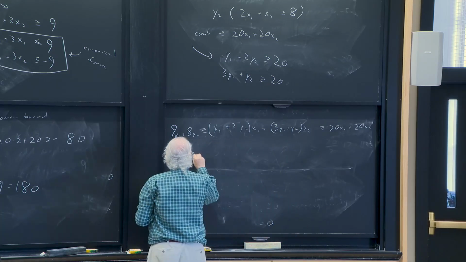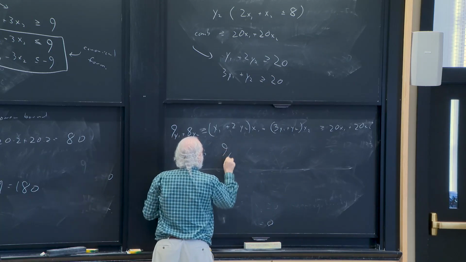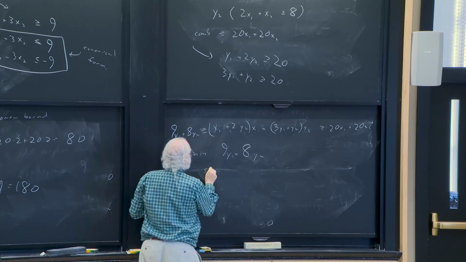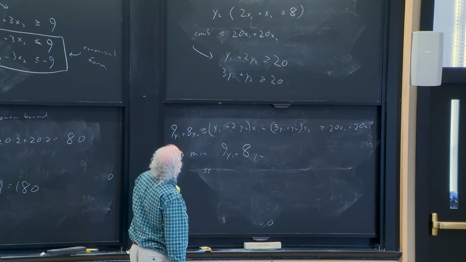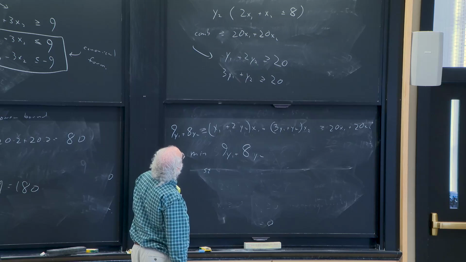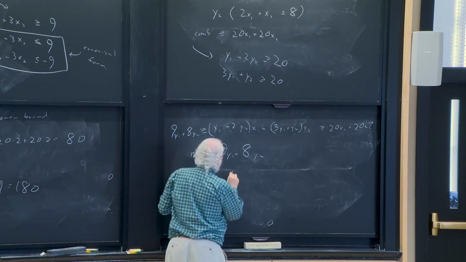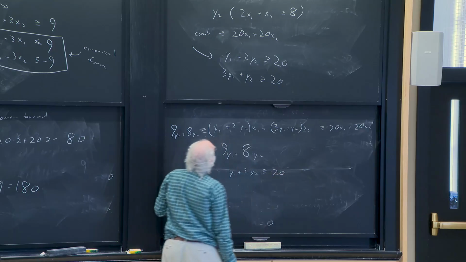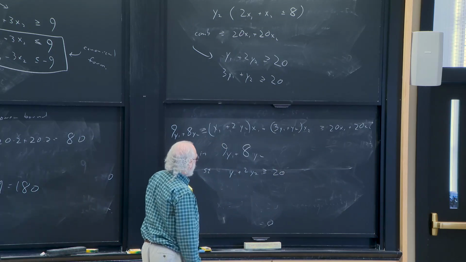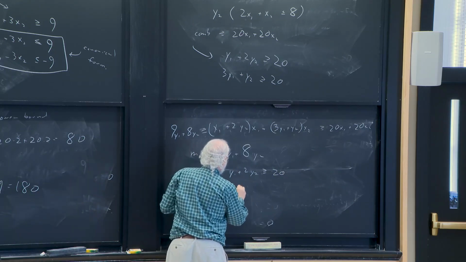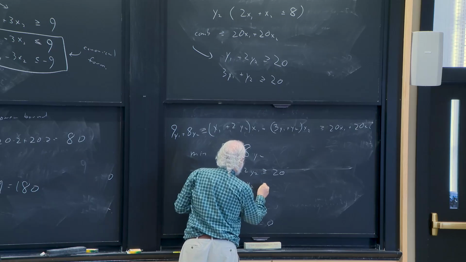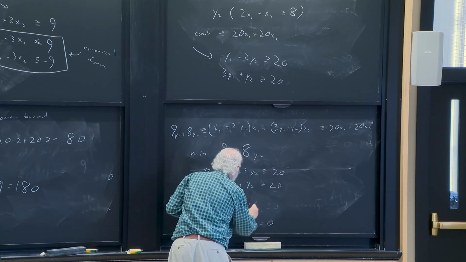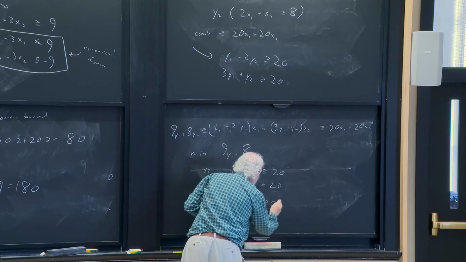So we want to minimize 9y1 plus 8y2 subject to y1 plus 2y2 greater than or equal to 20, and 3y1 plus y2 greater than or equal to 20, and y1, y2 greater than or equal to 0.